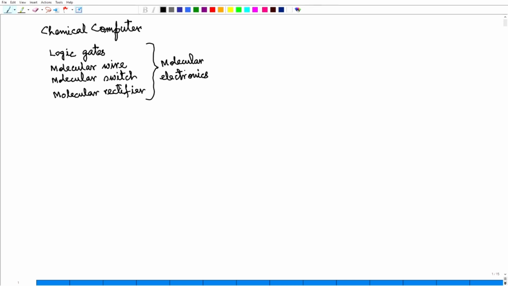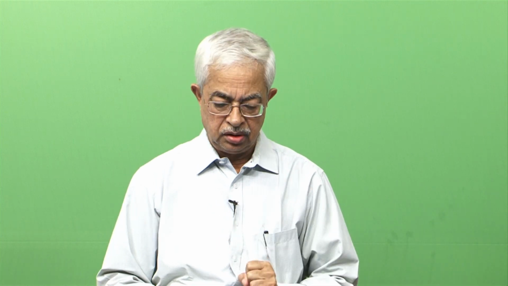You know that logic gates, switches, and wiring are used in silicon based computers nowadays, but if you make a computer with molecules, then these things will be necessary. So, I will just touch upon this.